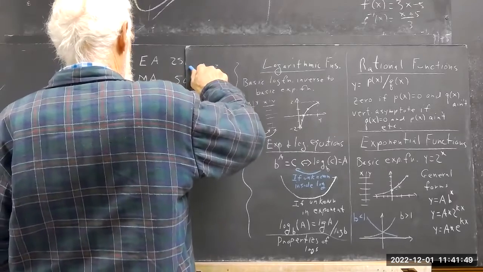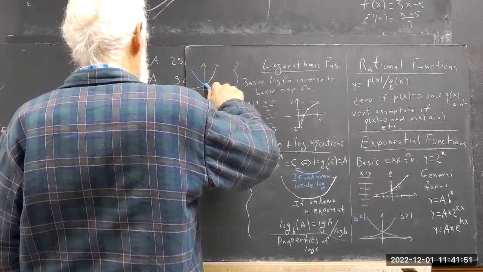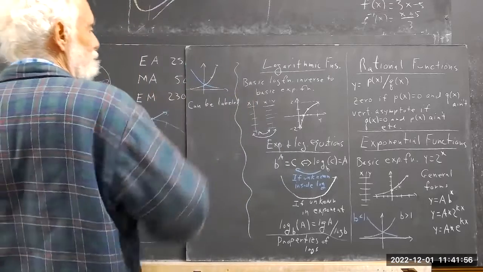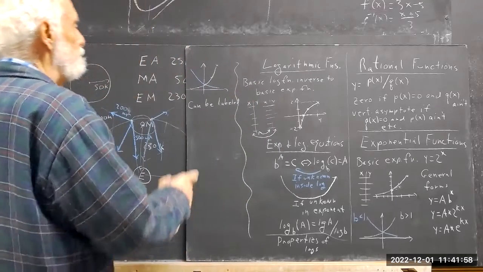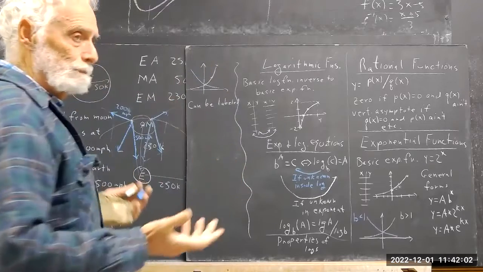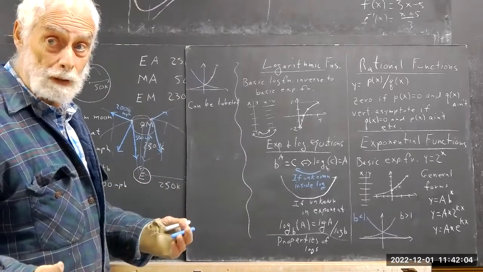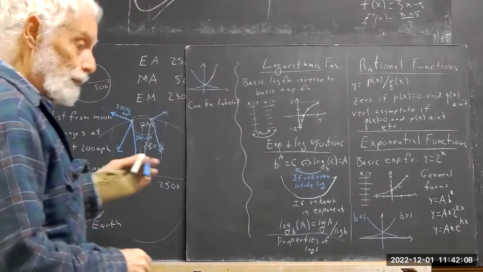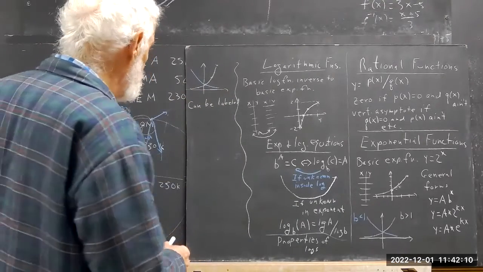And let's do the inverse, not the inverse, the reflection. This would be like b raised to a positive multiple of x. This would be like b raised to a negative multiple of x. And you should know that. We'll talk more about it.